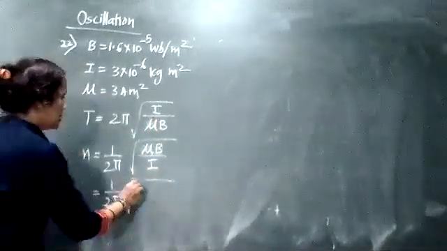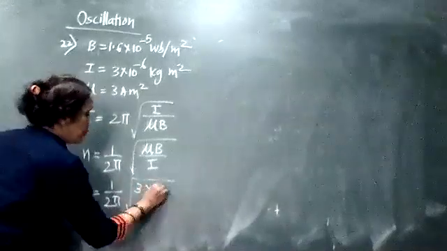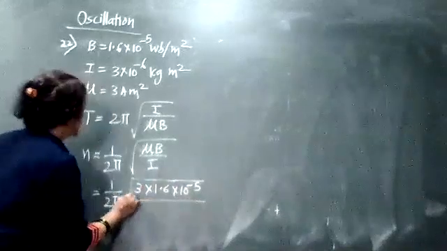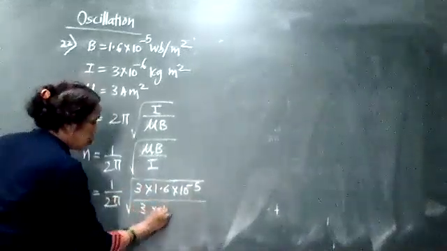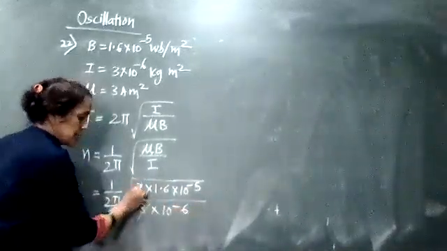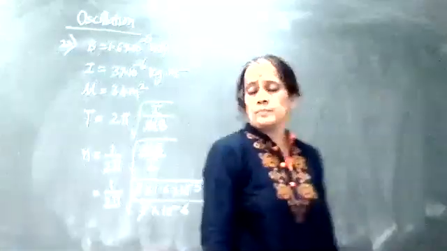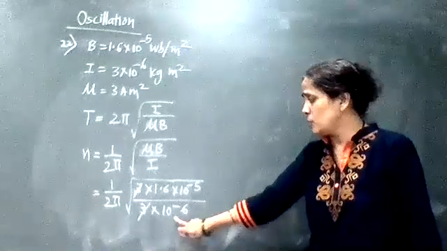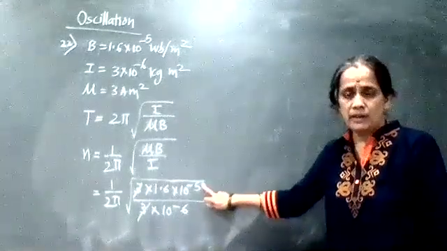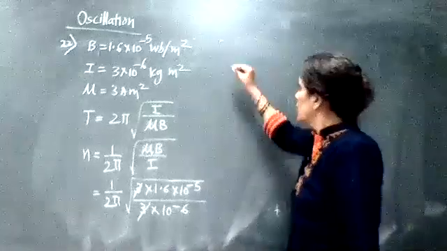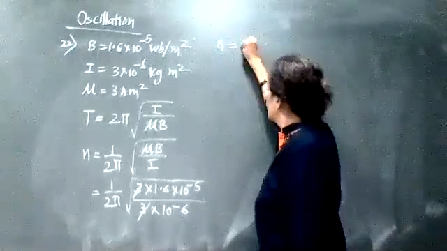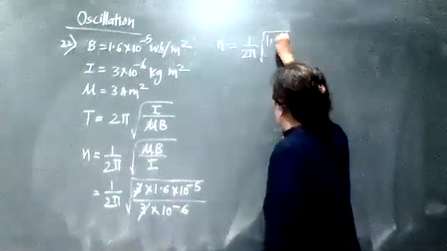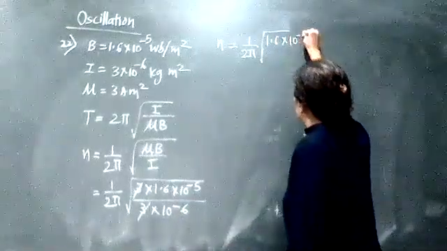So mu is 3, B is 1.6 into 10 raised to minus 5, divided by I, which is 3 into 10 raised to minus 6. So this 3 factor will get cancelled. What I am getting? 1.6 into 10 raised to minus 5 upon 10 raised to minus 6. Minus 6 goes to the numerator, it becomes plus 6. So n is equal to 1 upon 2 pi under root of 1.6 into 10 raised to minus 5 plus 6.